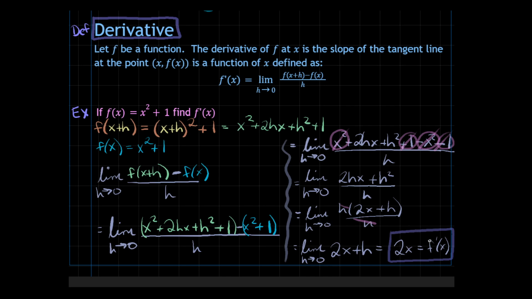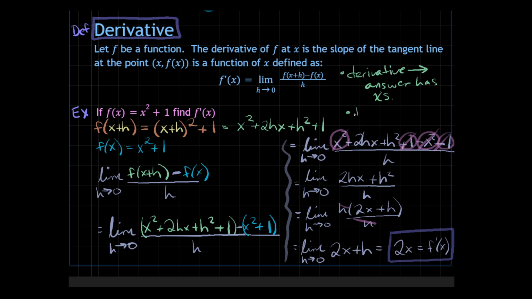Okay, your answer is almost always going to have an x in it when you're asked for the derivative. There's a situation where it doesn't, but almost always it will have x's.